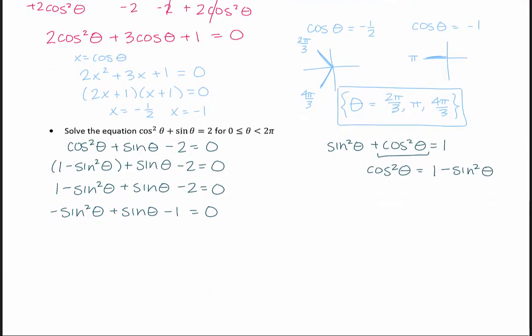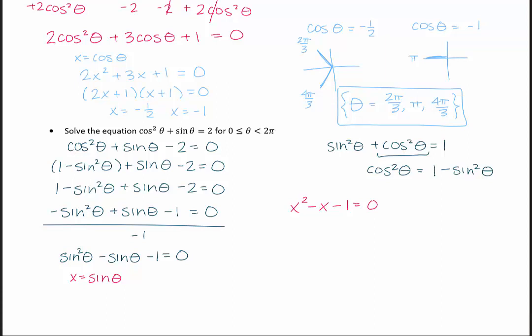And then this is really not fun for this to be negative, so let's just divide everything by negative 1. So I get sine squared theta minus sine theta plus 1 equals 0. At this point we should think, what should I substitute in for sine? Well, let's use x. So x is going to be equal to sine of theta. What we have, I'll write it over here, is x squared minus x plus 1 equals 0.